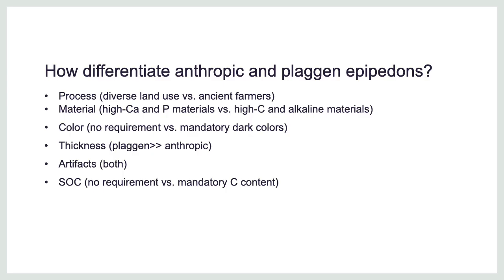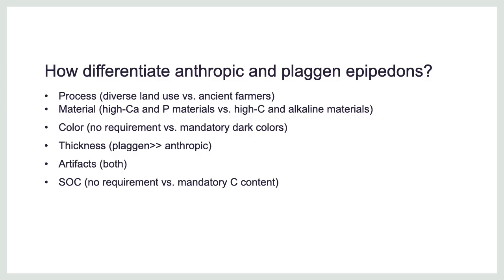The material that's added to the soil is also something important. The anthropic pattern is more related to high calcium and phosphorus materials. When we talk about Pelagian patterns, the materials are more high carbonate and alkaline materials, trying to neutralize the acidity and increase the organic carbon content.